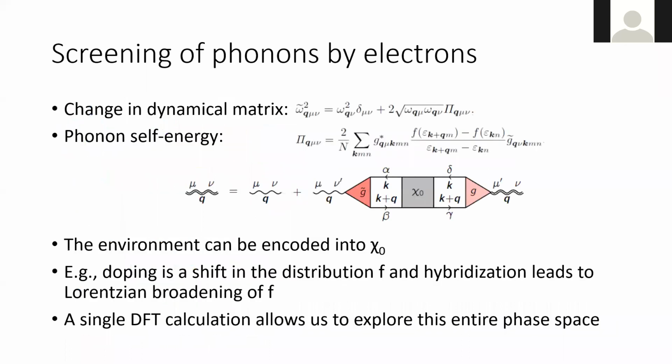So the point is that electrons screen phonons, and this can be expressed such that the new phonon spectrum is equal to the old phonon spectrum plus diagrammatic corrections, which include electron-phonon interactions at the endpoints and the propagation of electrons here in the middle.